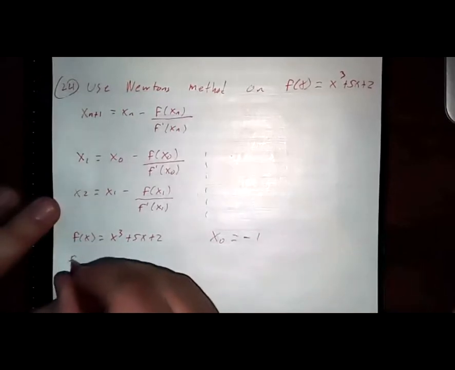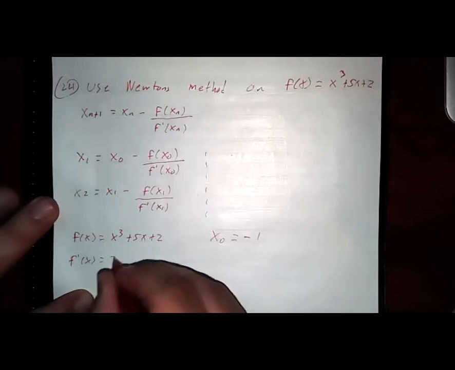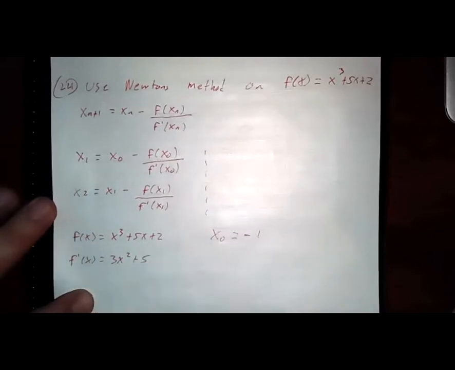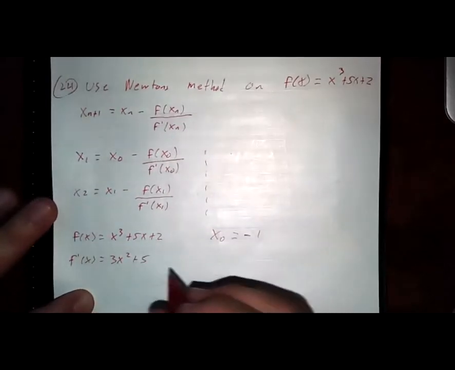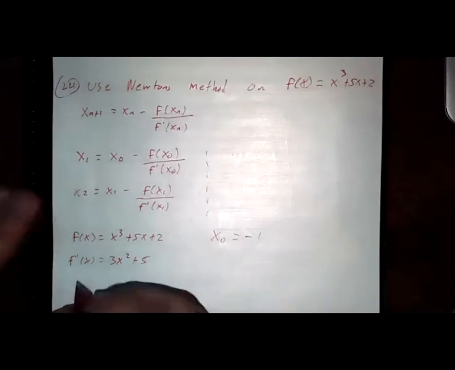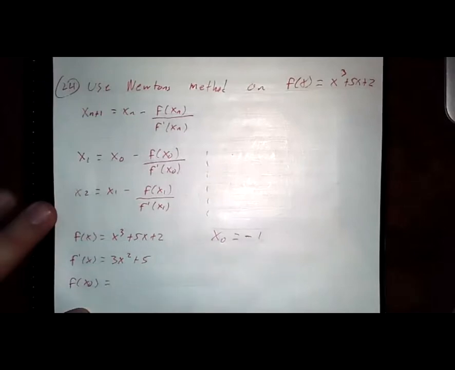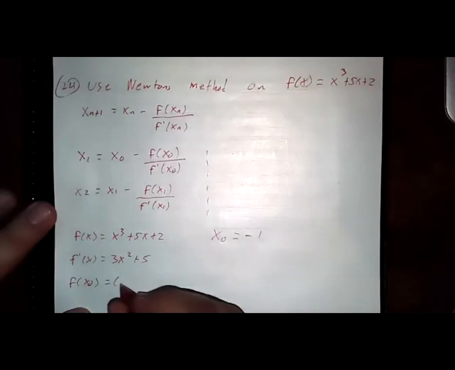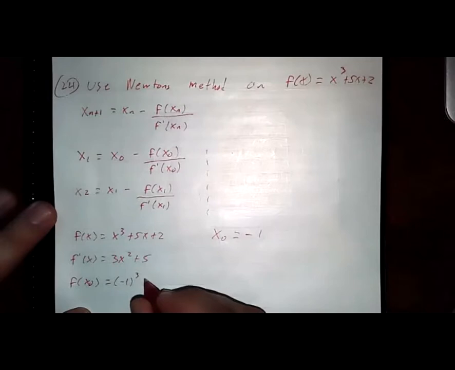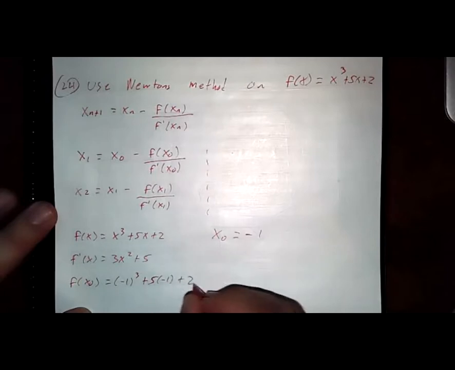So I need the derivative, right? Which will be this. Then I need the function at x0, which would be -1 cubed plus 5 times -1 plus 2.